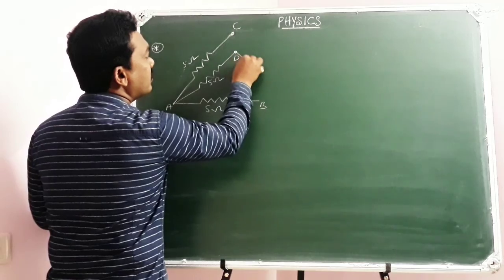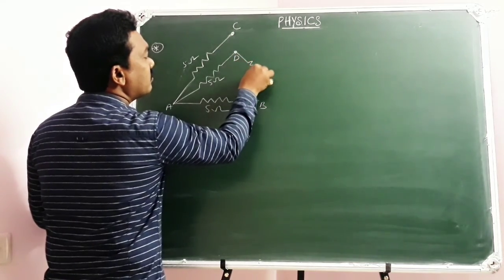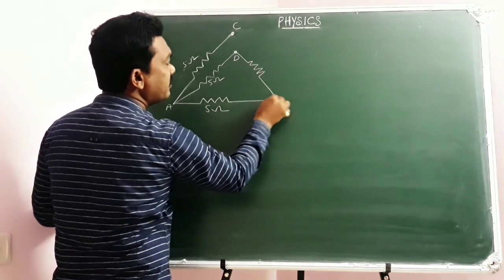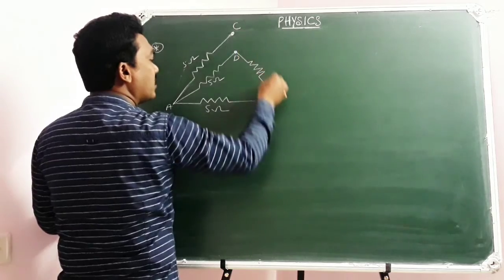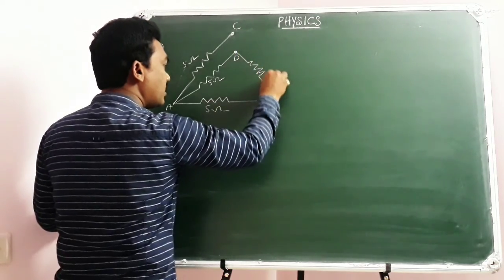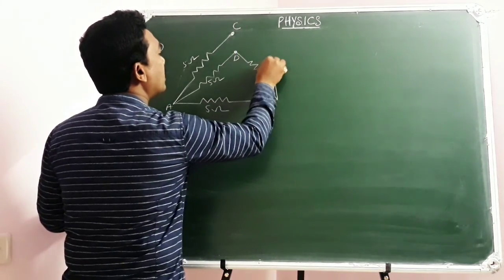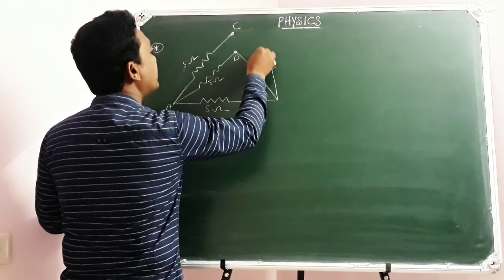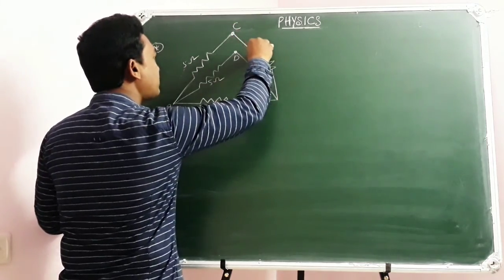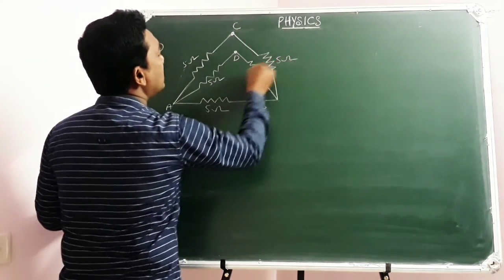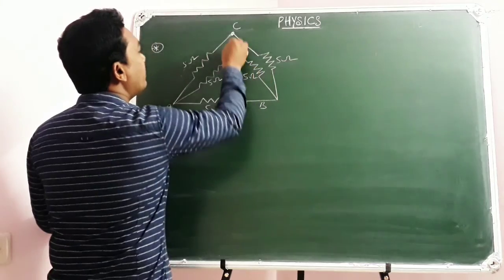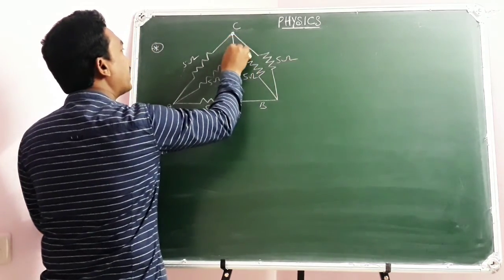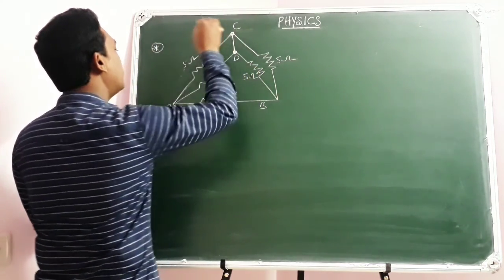In the same way, there is a resistor in between BD, and another resistor in between BC, each of 5 ohm itself, where C and D are connected directly without any resistor in between.